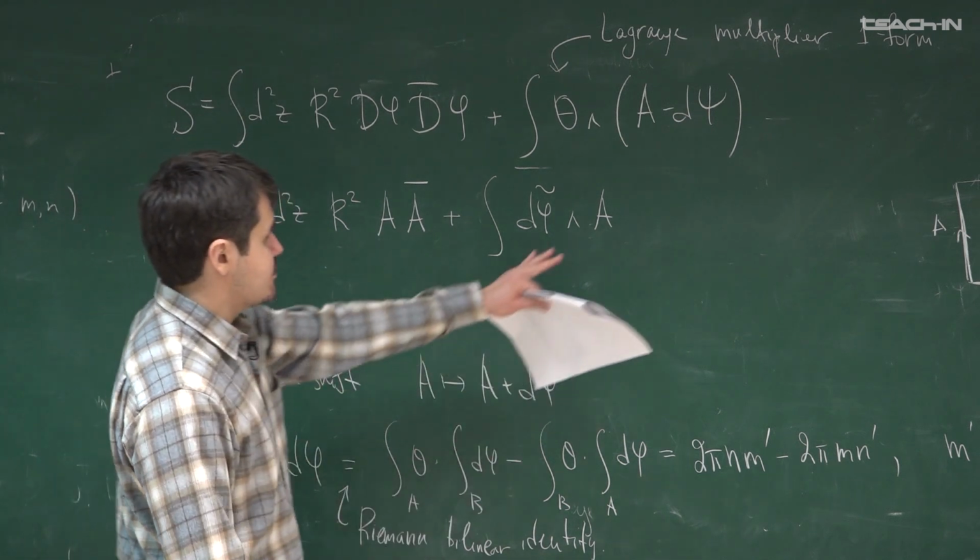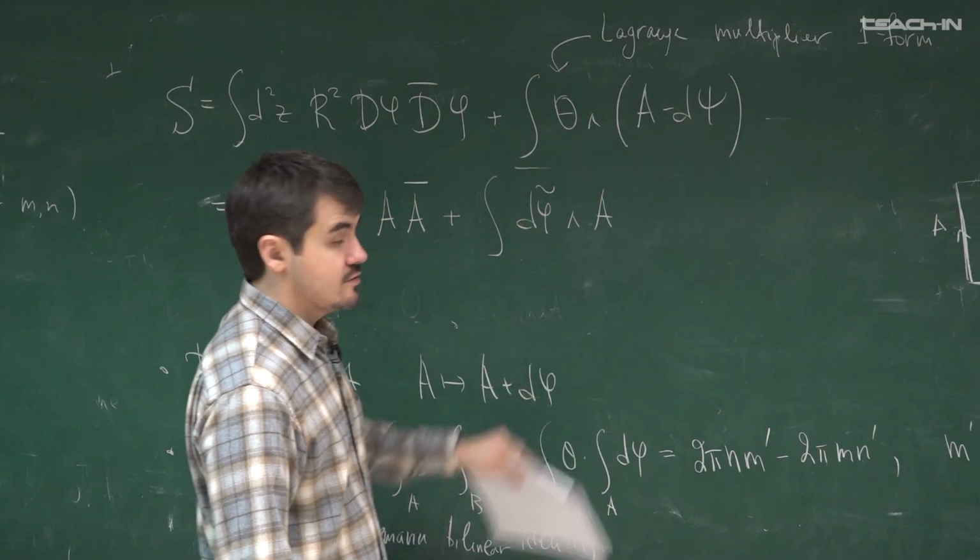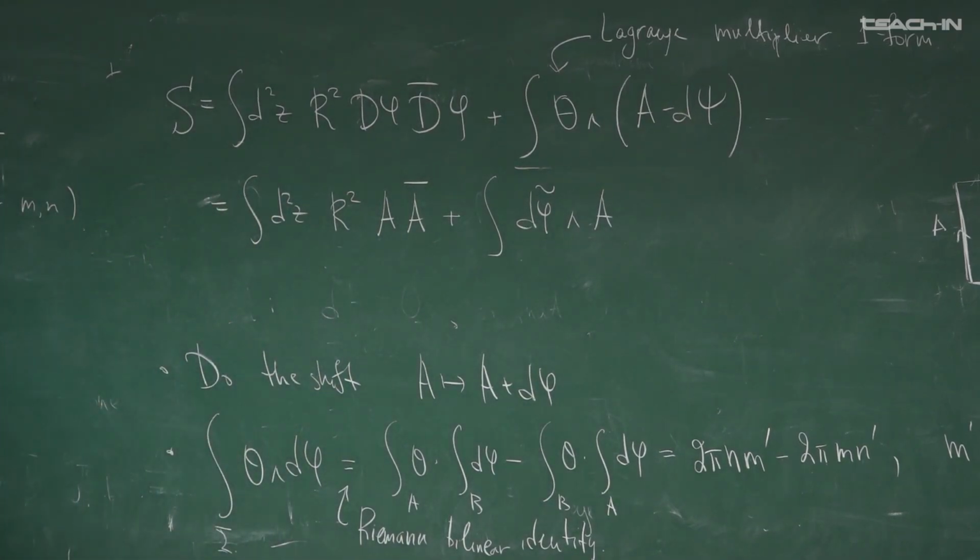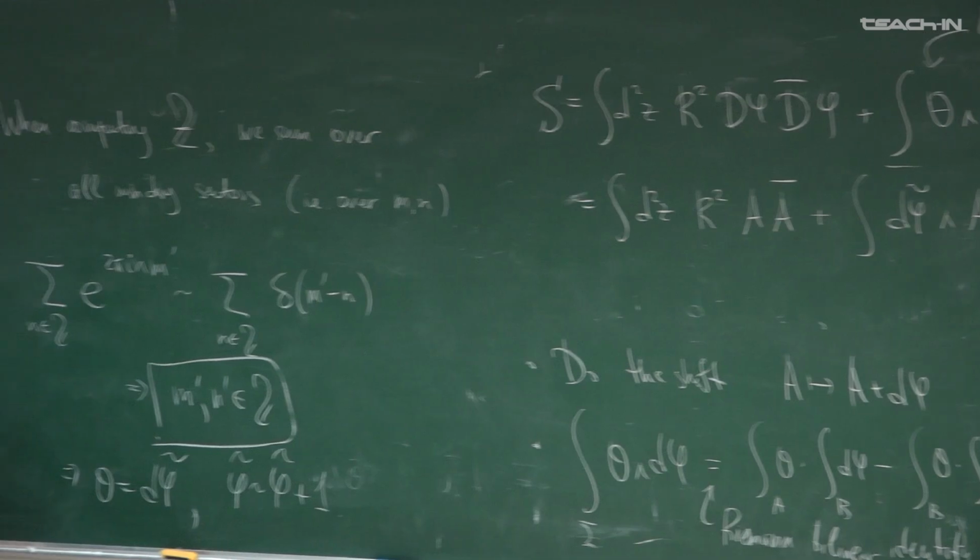We treated psi as a Lagrange multiplier, saying that d theta is 0. And we parameterize theta as d of phi tilde.